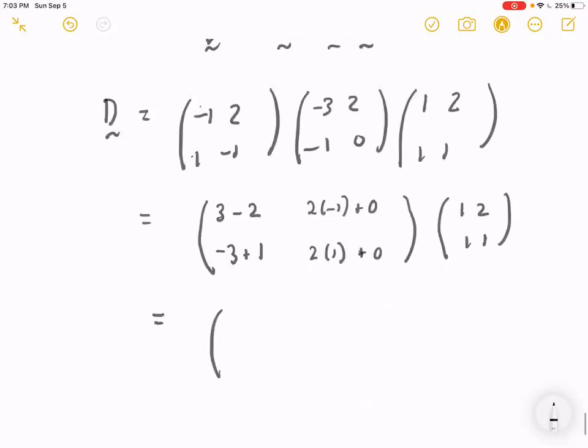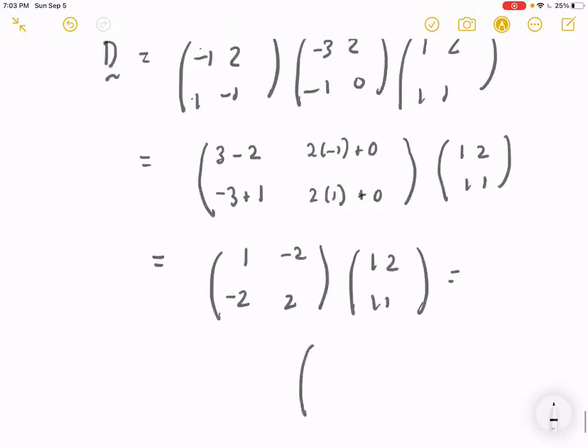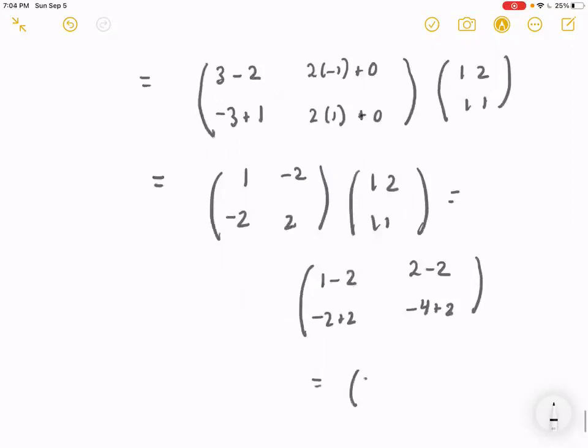This is 1 minus 2 minus 2, 2. And let's see, this guy has to be what? Well, this has to be 1 minus 2. This is minus 2 plus 2. This is 2 minus 2. And this is minus 2 plus 2. And that's going to be equal minus 1, 0, 0 minus 2.